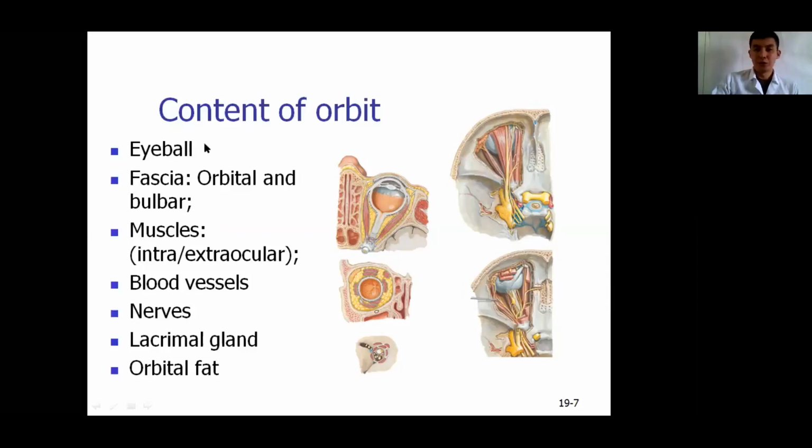The eyeball fills 1/3 of the orbit. At the same time, the other structures fill the rest, 2/3 of the orbit.